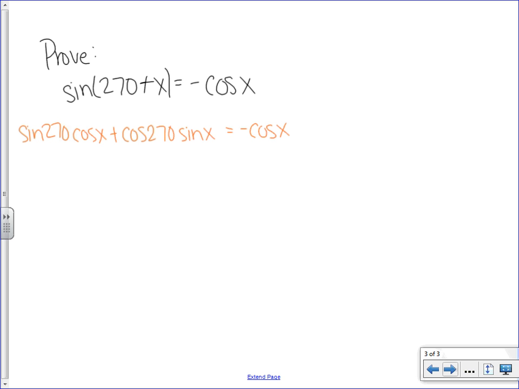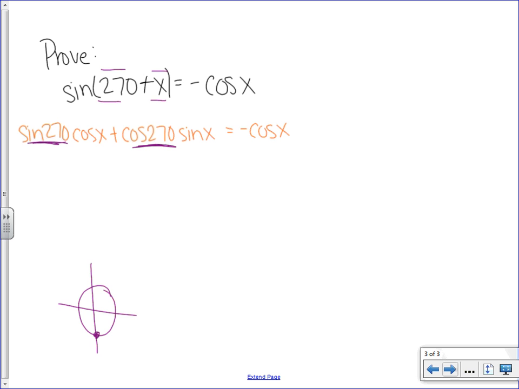Okay? So remember, it goes sine, cosine, cosine, sine, left to right. The operation stays the same. And we should be happy because 270 is on the unit circle. That is something we have an exact value for. 270 is down here.